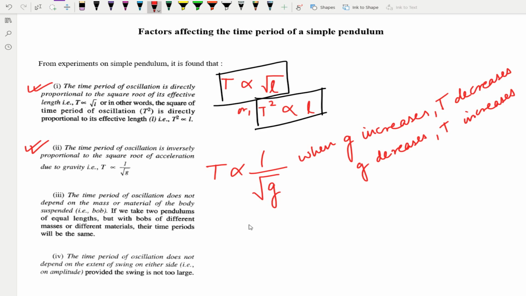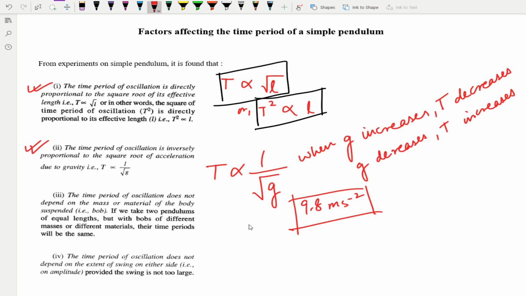So you are aware of the value of acceleration due to gravity. The average value is 9.8 meter per second square, but this is only the average value. It is not the same everywhere. With place it changes. On Earth the average value is 9.8 meter per second square. On Moon it is much less. So the same pendulum, which on Earth has a time period T, will have a more time period when taken to Moon.